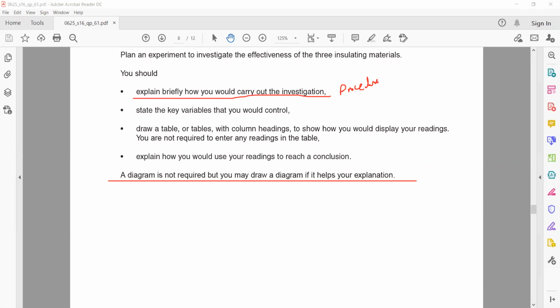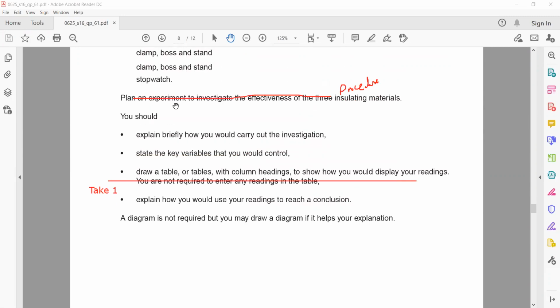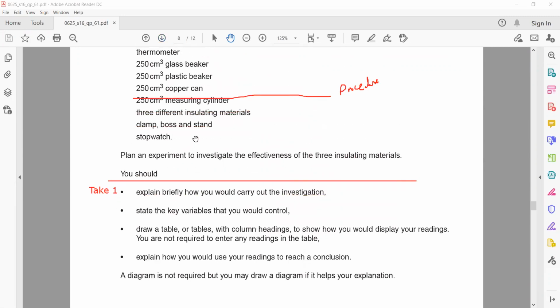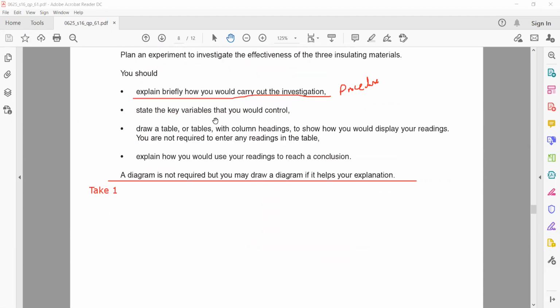So what we will do, for example, you have a beaker of size 250 cm³, but it is not necessary that you take the same amount of liquid. You can take different amounts. 250 cm³ beakers are there, so you don't have to take all of the beakers, any one of them you can take, because the type of the beaker should be the same throughout the experiment.